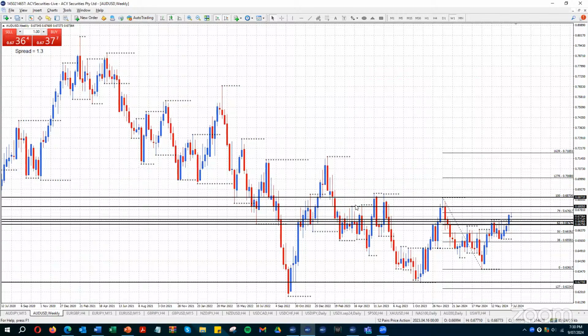We really struggled last year. Whilst we got above 68, we got up to 68.99, okay? It really didn't like it, you couldn't spend too much time last year above 68. Those two highs here.